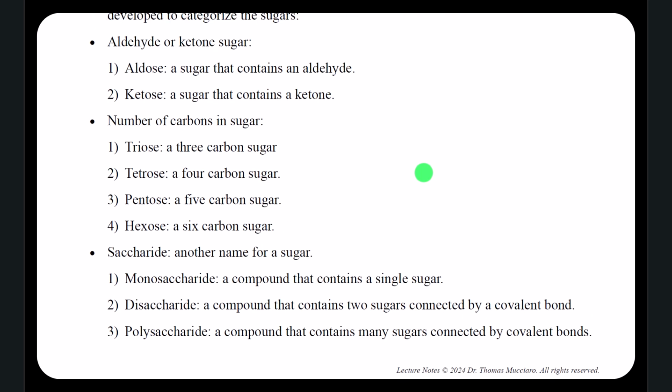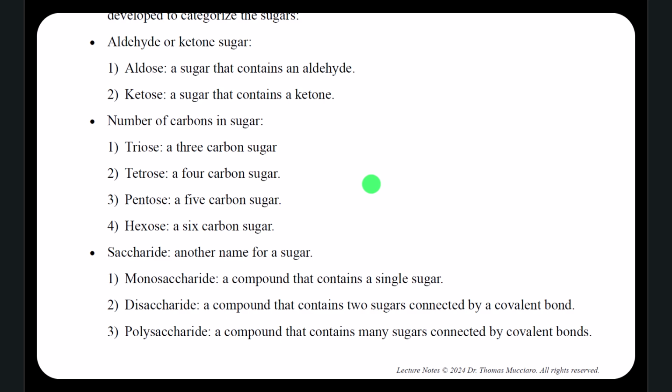Saccharide is another name that can be used for a sugar. This is often used when discussing molecules that can be built up from single sugar molecules into molecules that have multiple sugars connected together.